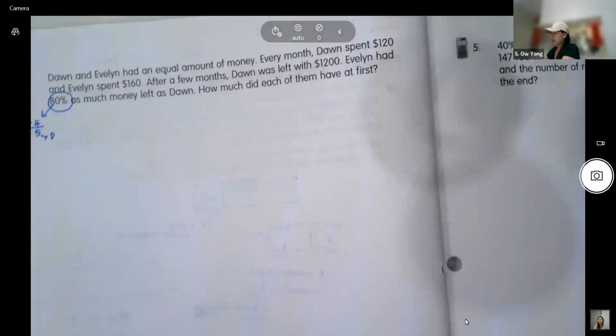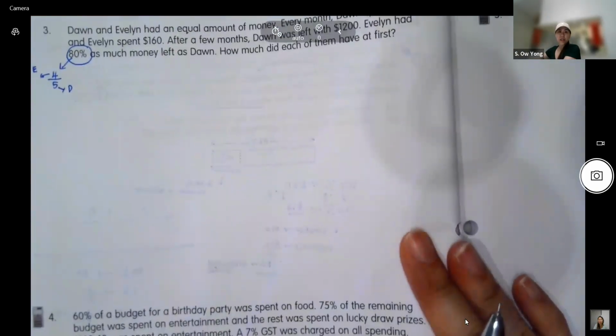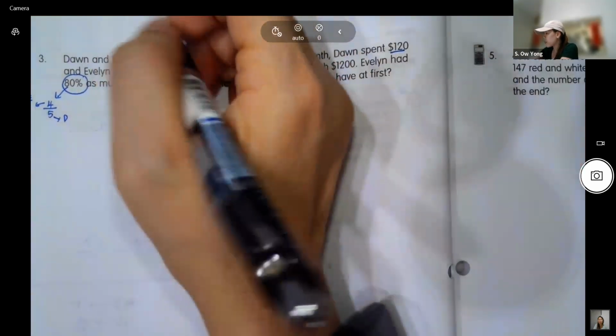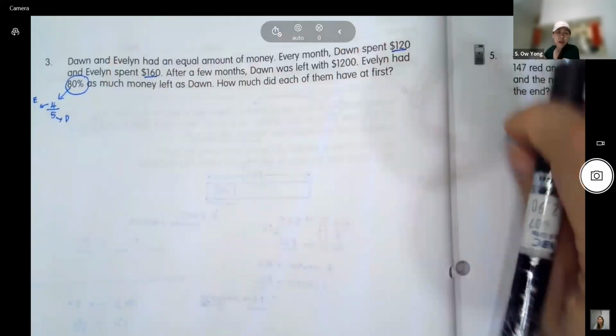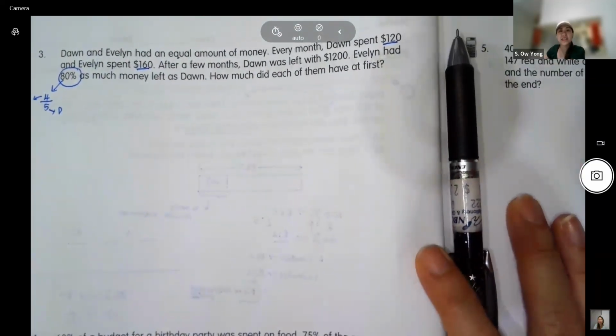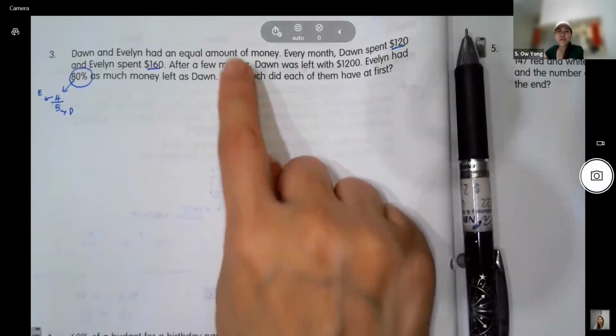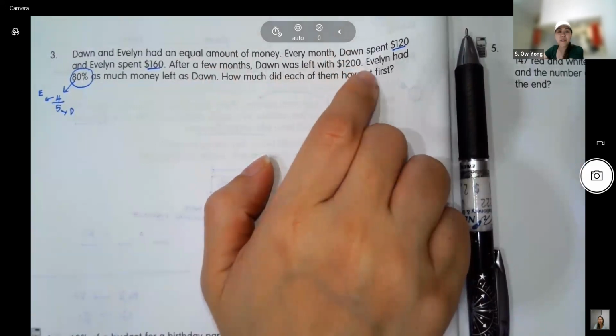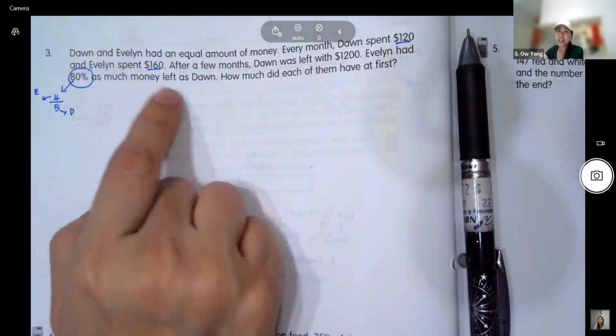Then, all right, you take a look at this, then you highlight the keywords because Dawn every month spends $120, Evelyn spends $160. Definitely Evelyn spends more. After a few months, Dawn was left with $1,200, but Evelyn had 4/5 as much money left as Dawn.